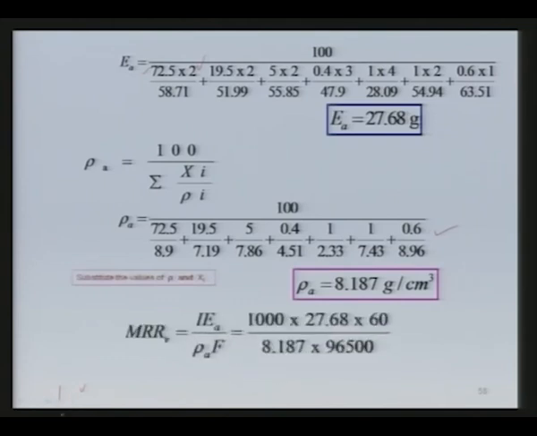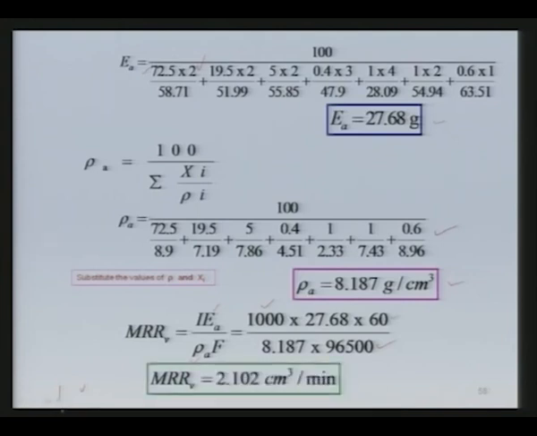So, we can now calculate the volumetric material removal rate, that is I E_A over rho_A F. We have already calculated the value of E_A as 27.68 gram and rho_A as 8.187 gram per cubic centimeter. Substitute these values in this particular equation. I is 1000 ampere and this is the constant, and 60 is the conversion of minutes into seconds.